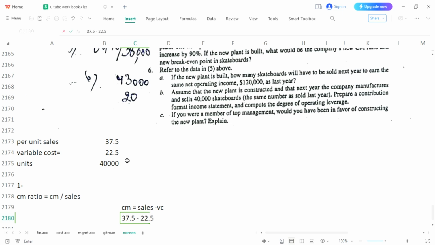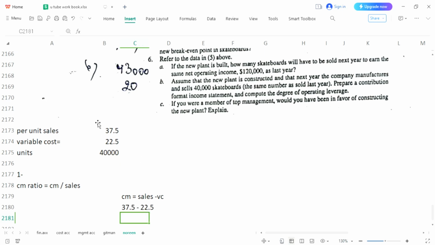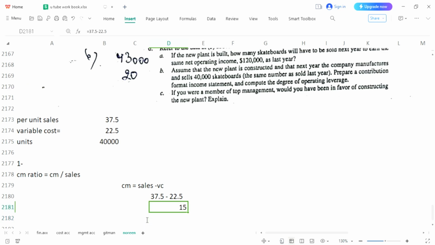By writing these inputs it becomes very easy to calculate your CM. So 37.5 less 22.5 gives us our CM.